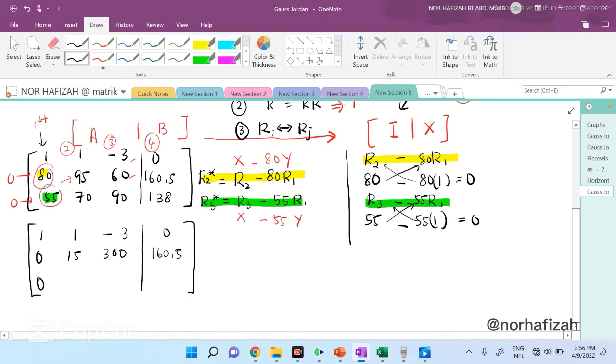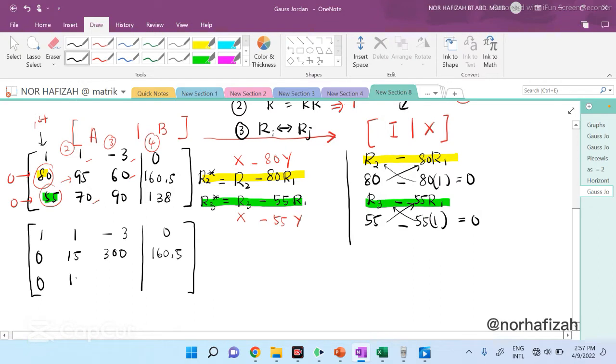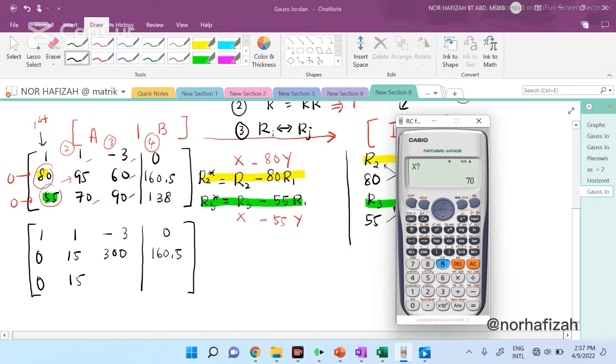Alright. So next, second column, 70. Calculate 70 equal, 1 equal. Alright, so 15. You write here 15. Okay, next, third column, 90, negative 3. Calculate 90, and then negative 3, negative 3 equal 8.